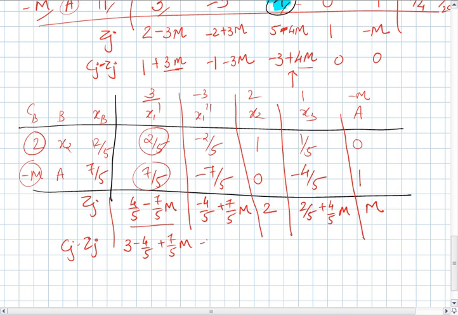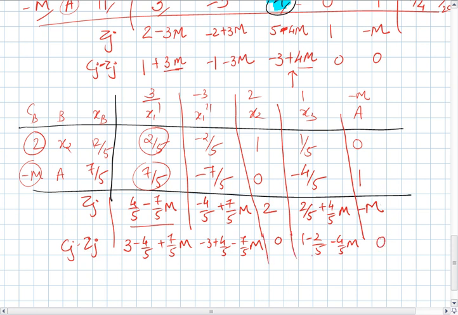Here it is minus 3 plus 4 by 5 minus 7 by 5 m. Here it is 2 minus 2, which is 0. Here it is 1 minus 2 by 5 minus 4 by 5 m. And here, sorry, the value is minus m, and then minus m minus minus m is 0.